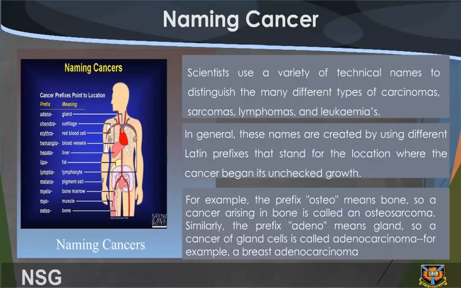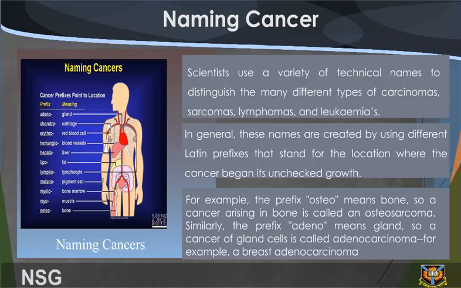Naming cancer. Scientists use a variety of technical names to distinguish the many different types of carcinomas, sarcomas, lymphomas, and leukemias. In general, these names are created by using different Latin prefixes that stand for the location where the cancer began its unchecked growth.